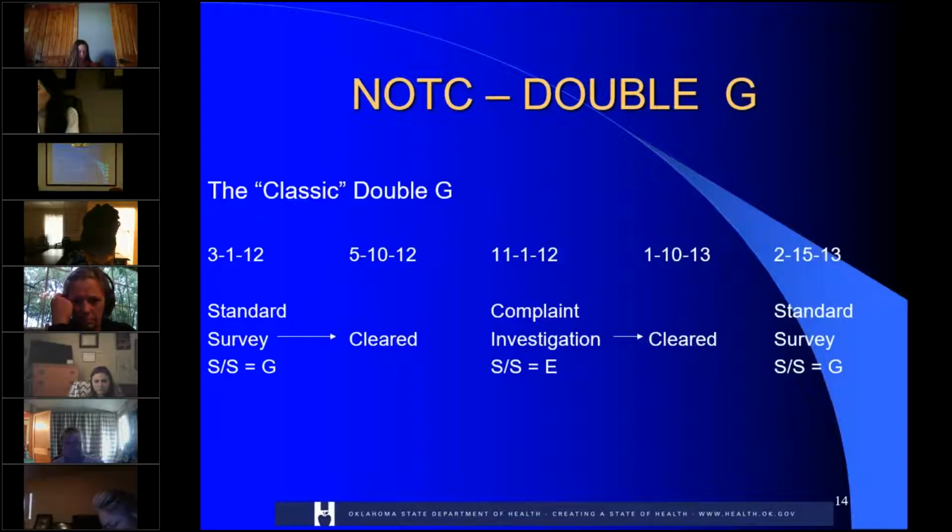When we went back in November, we had a complaint investigation at an E. Went back in January, it cleared. And then in February, we had the next standard survey, and something was cited at a G. Okay, because it is standard survey to standard survey or recertification to recertification, same difference. And you have 2 citations of a G within that time, it's a double G situation.